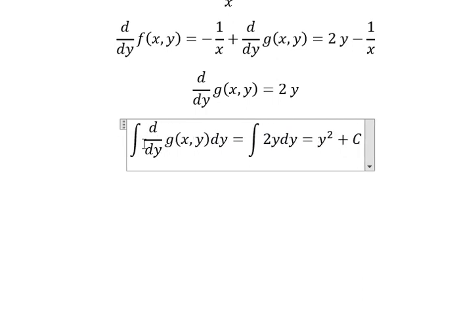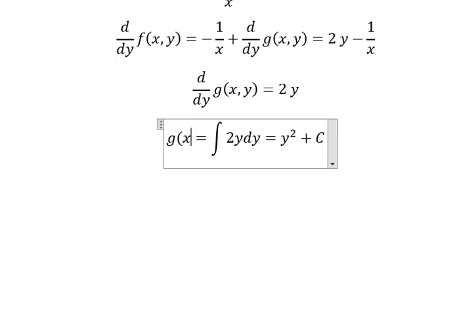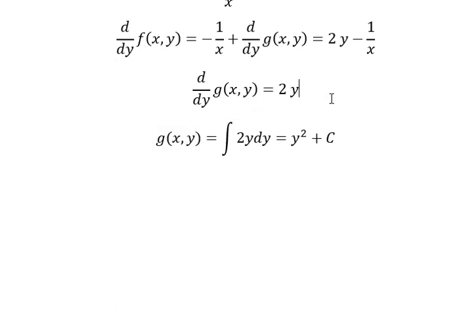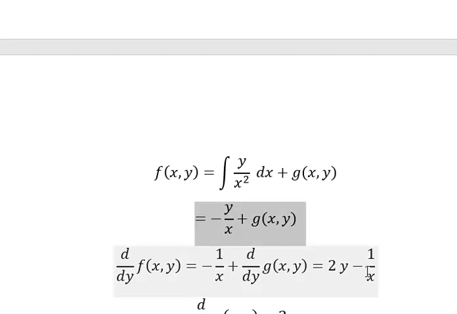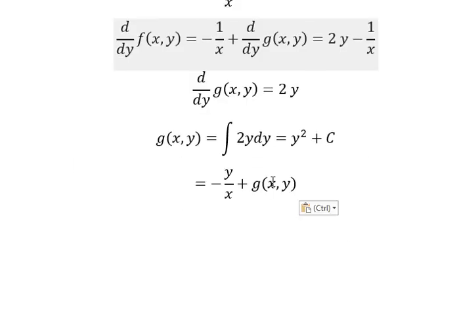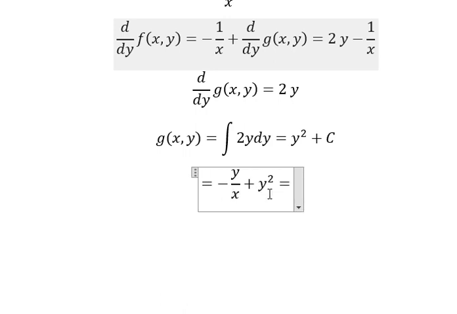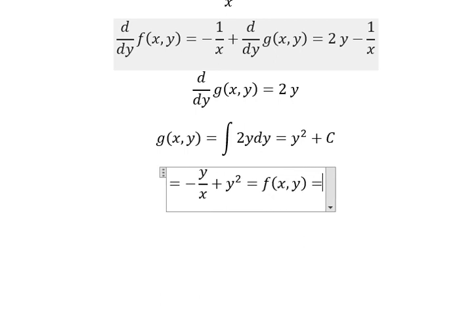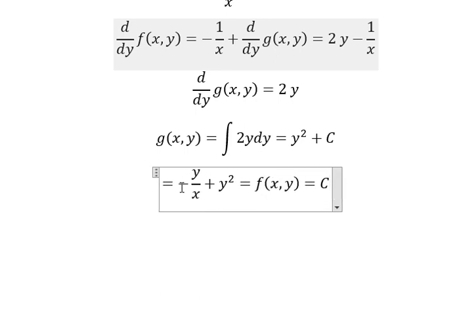And we know that this integration, we have 3sy. So in this case, we go in here. And this one, that is about y squared. And we know that this one, that is about f(x,y). f(x,y) equals c. And now we have the final answer.